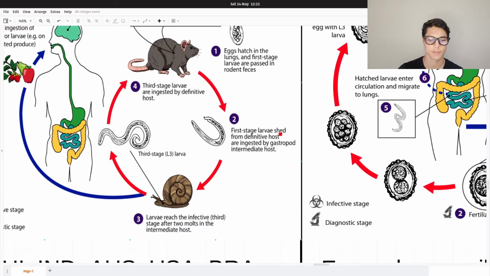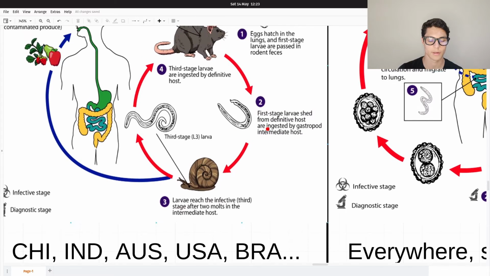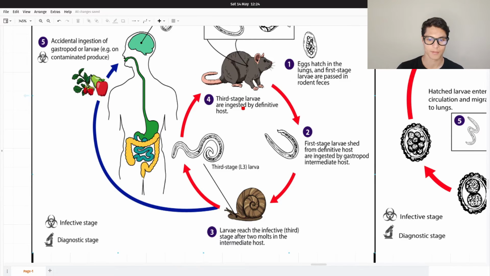First stage larvae shed from definitive hosts are ingested by gastropod intermediate hosts. So the larvae L1 get inside the snail, and then they grow to L3. And well, if the rats eat again the snails, they get infected too, and the cycle repeats.